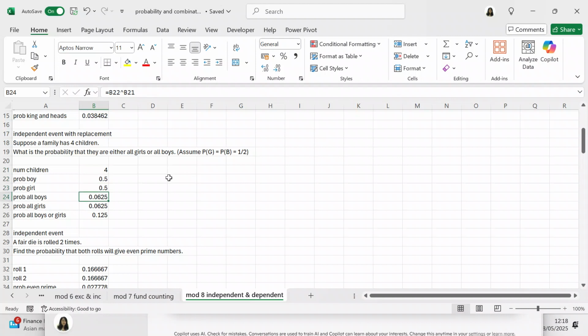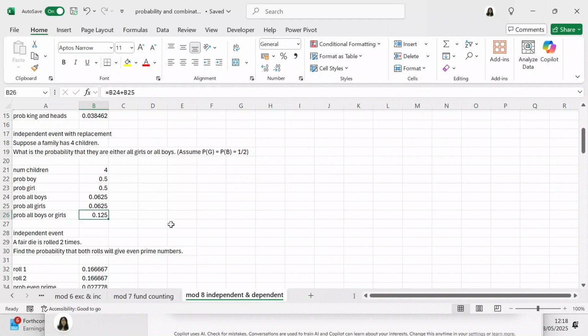The probability of all boys is the probability of a boy to the power of 4 because that's the number of children. Probability of all girls is the probability of a girl to the power of 4, which is the number of children.